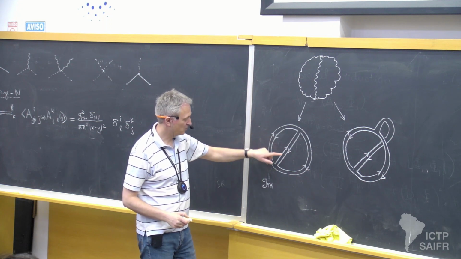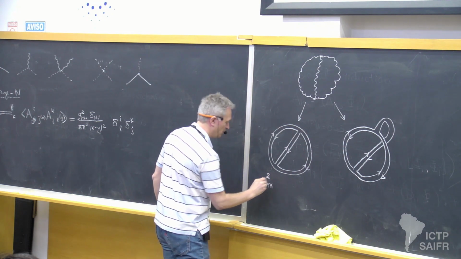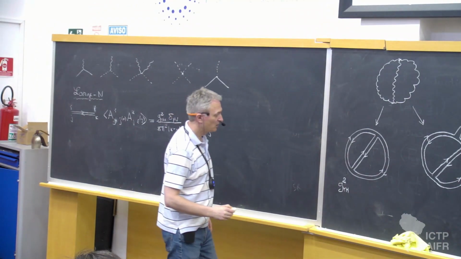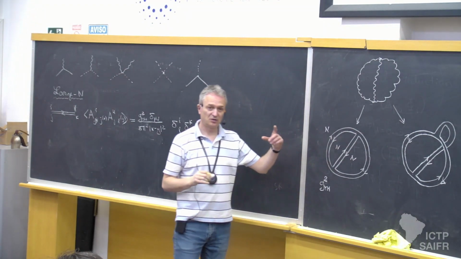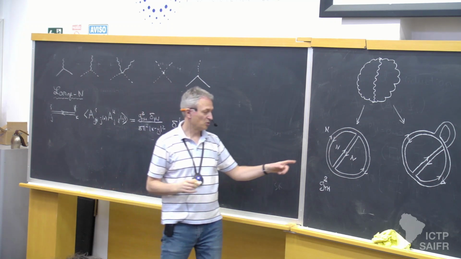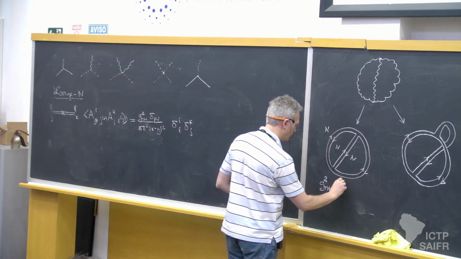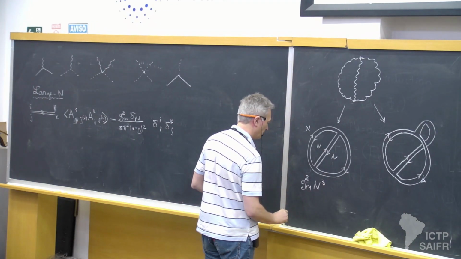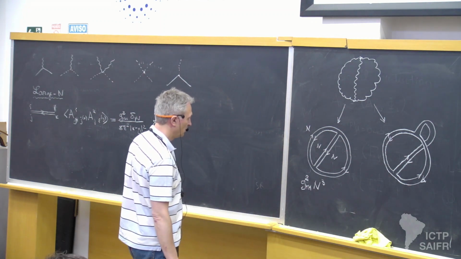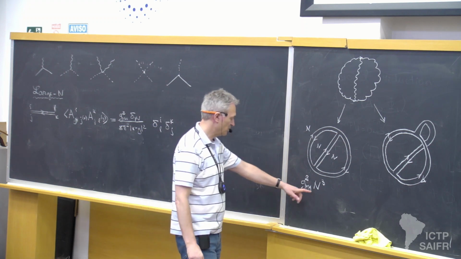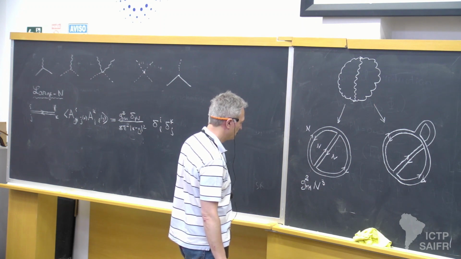We'll have three propagators and two vertices, so indeed the factor is g squared. Then each index loop corresponds to summing over indices, so it gives a factor of N. There are three factors of N. So this will be proportional to g squared times N cubed.